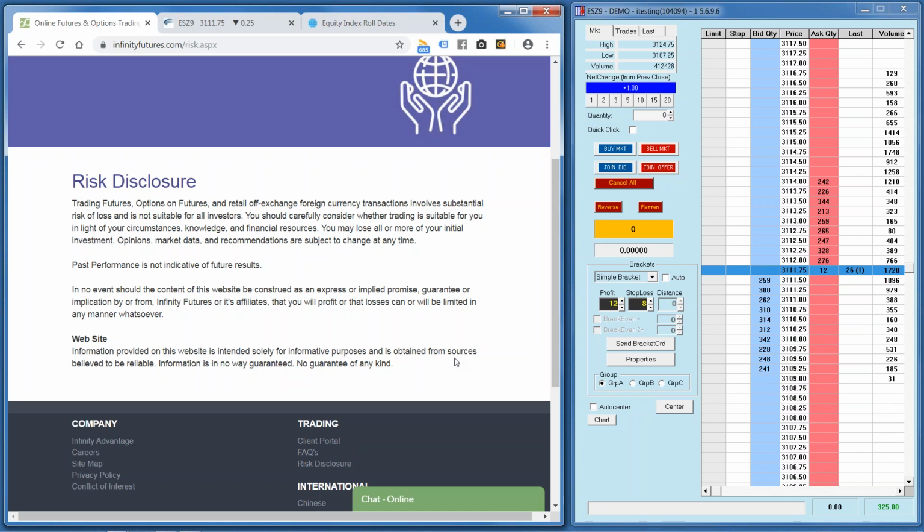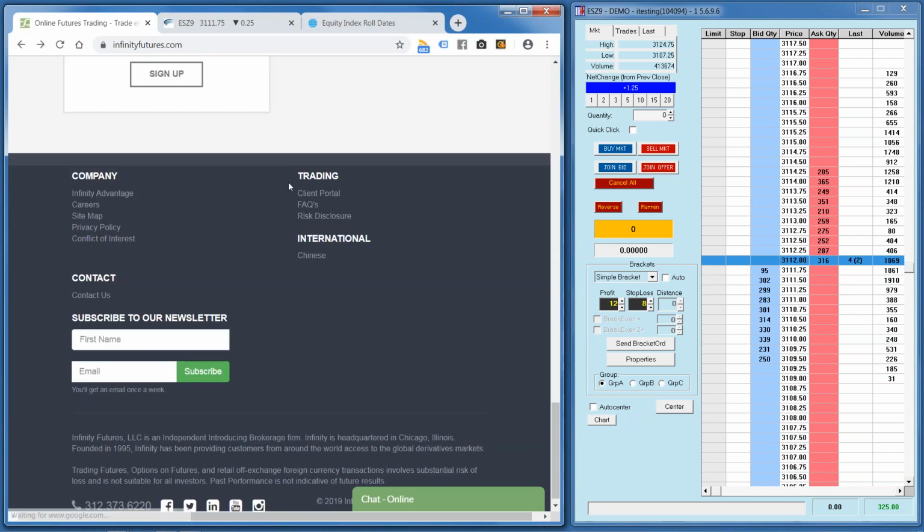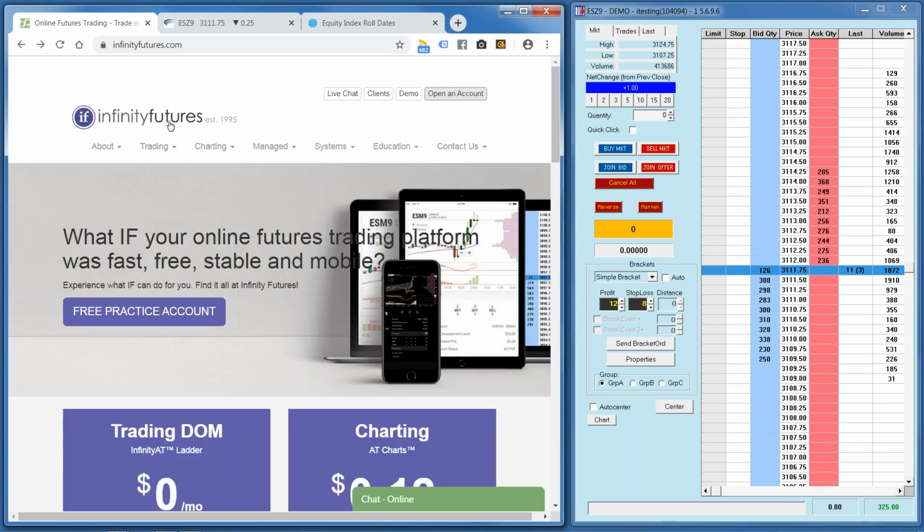In my opinion anyway, they have a high quality product, and it's a very good product to complement your trading, just like the title of the webinar suggests. I have the InfinityAT trading ladder on the side here just to show you what that second component of that trading plan would include. All right, any early questions before I switch over to Ron?